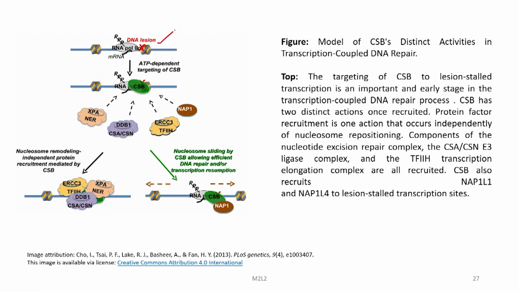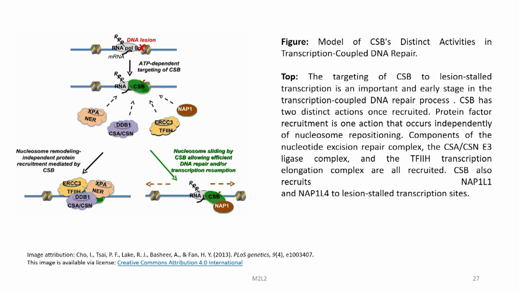Due to this lesion, as already discussed earlier, RNA polymerase II cannot progress further and therefore it is stalled. CSB has two distinct actions once recruited. In this step, you can see the recruitment of CSB. Protein factor recruitment is one action that occurs independently of nucleosome repositioning.